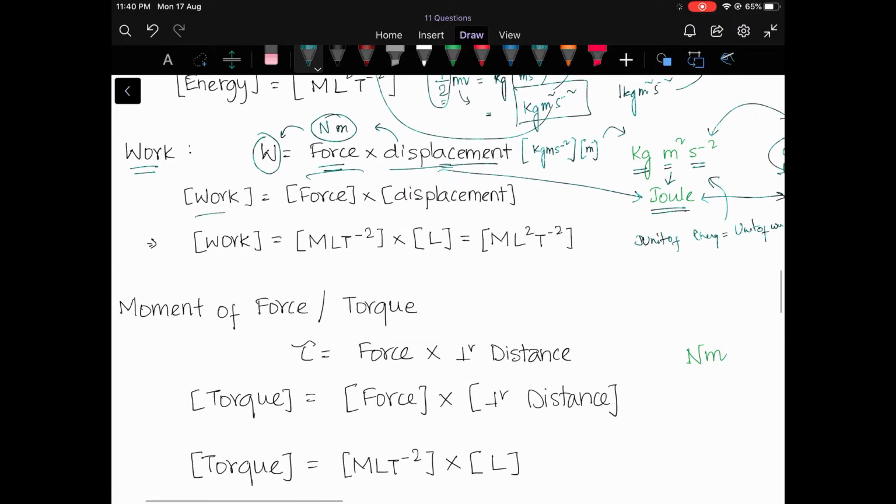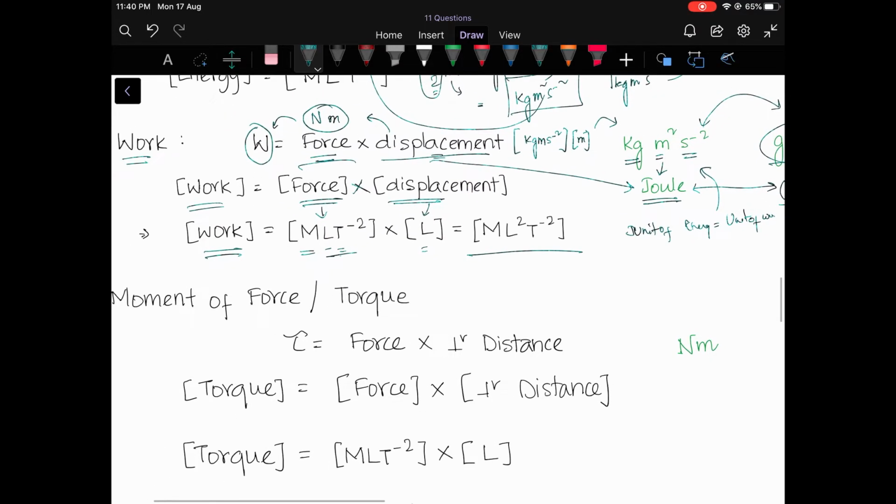Now to talk about dimensions, dimension of force times dimension of displacement should give you dimension of work. Dimension of force is M L T minus 2, dimension of displacement is L, so we have M L square T minus 2. So you can see again, dimension of energy and work are same.